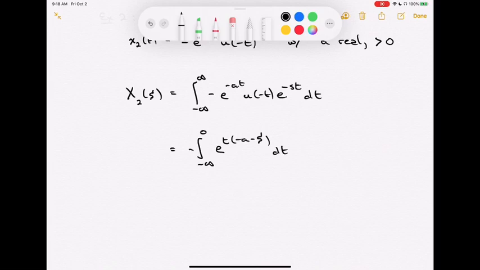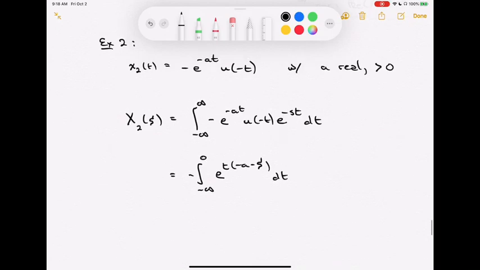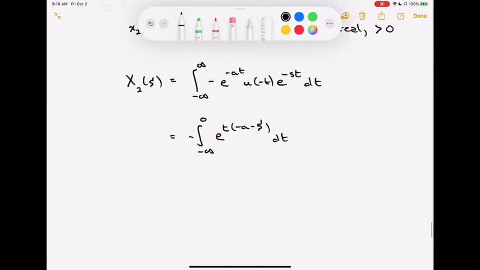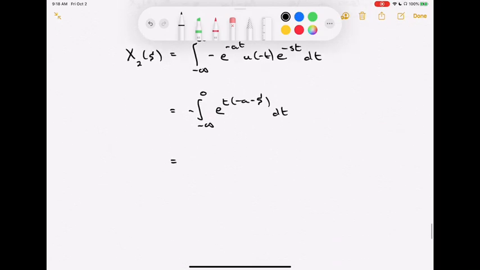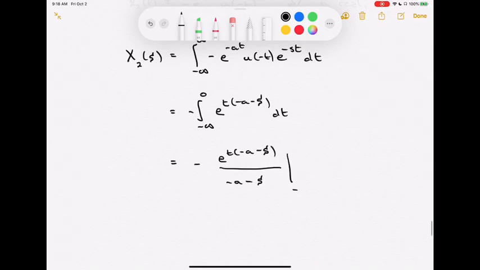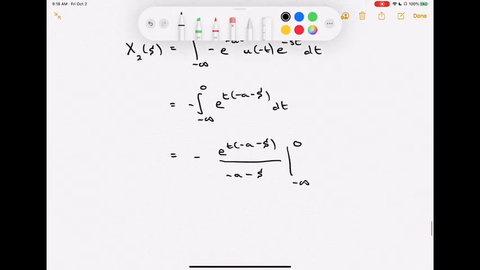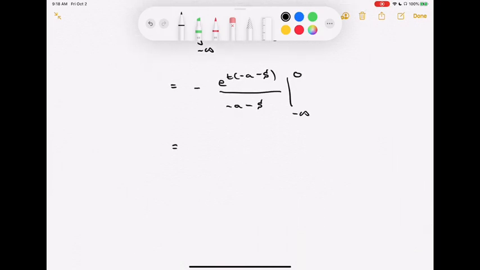This looks very similar in many respects to what we just did. Not a big surprise, it had a very similar form. It was still an e to the minus at type of thing. So if I do this, I'm going to get a minus, and I'm going to have e to the t times minus a minus s, over minus a minus s, evaluated in the limits minus infinity to 0. Using the upper limit, I'm going to have e to the 0, which is just 1.